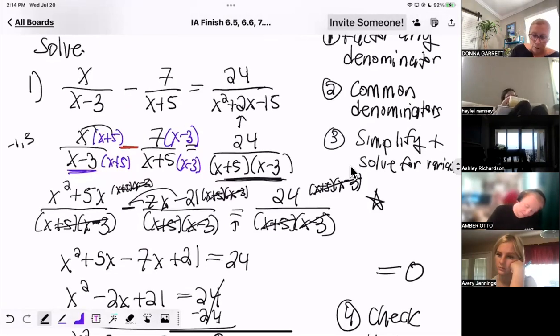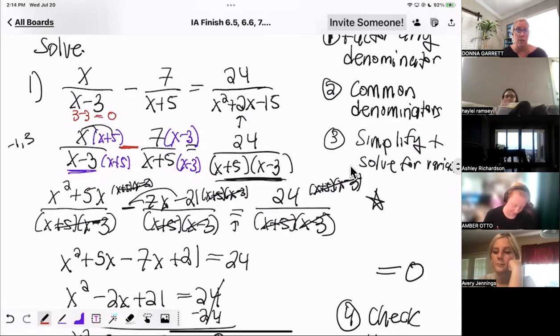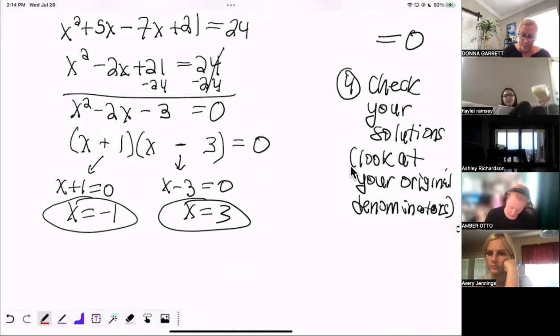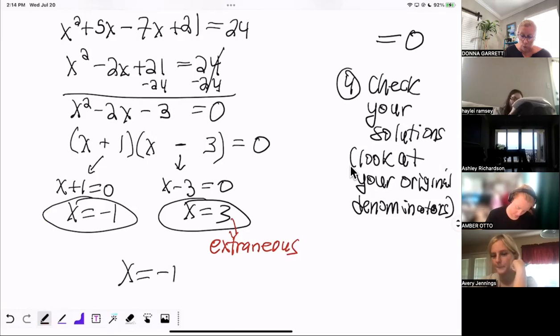Do you see that if I put 3 in for x, I get 0 for my denominator? See it? That means 3 is an extraneous solution. I cannot have 3 as an answer because I will get an undefined. So this is extraneous, doesn't count. So my only answer is x equals -1.